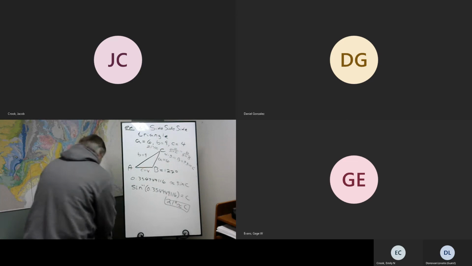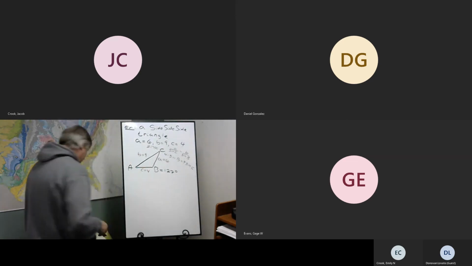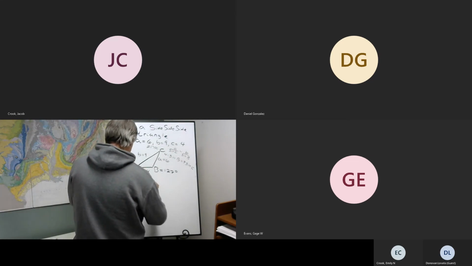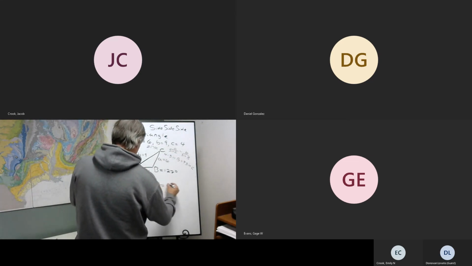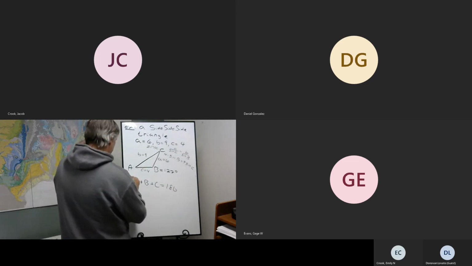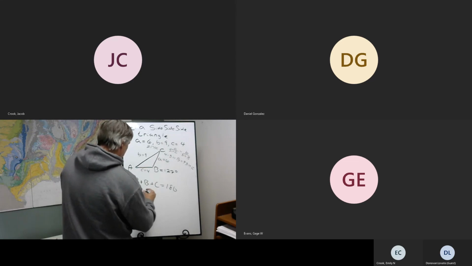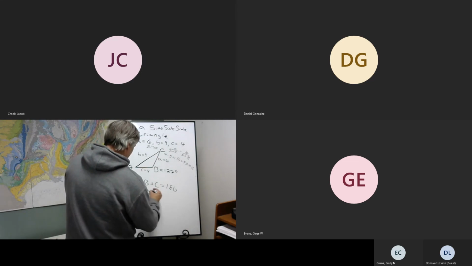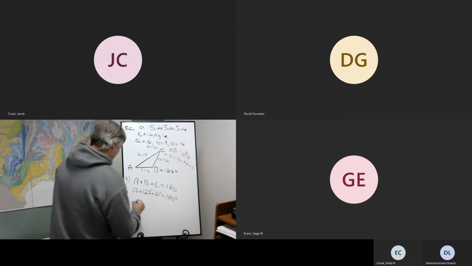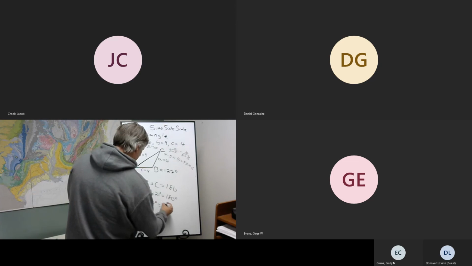So finally, A plus B plus C equals 180. We don't know A, so this is step 3. A plus B is going to be 127. 21 degrees for C. Or A plus 148 degrees is 180.